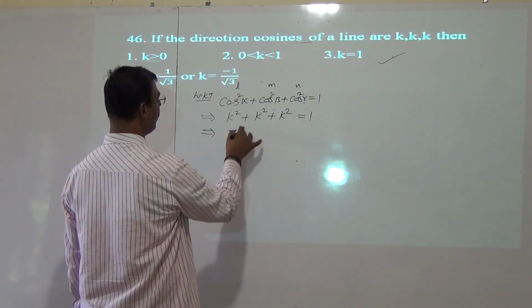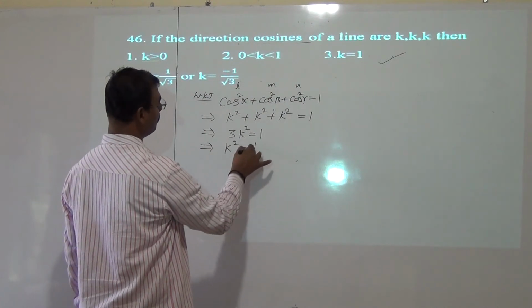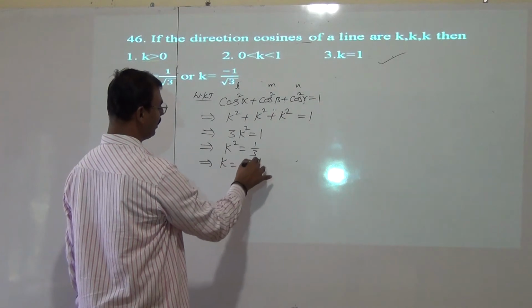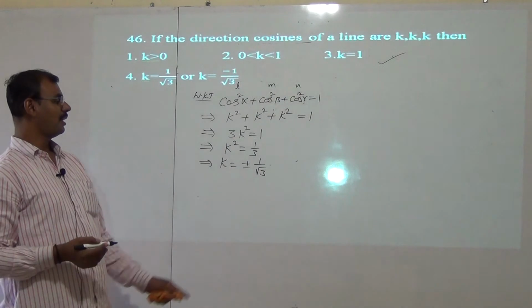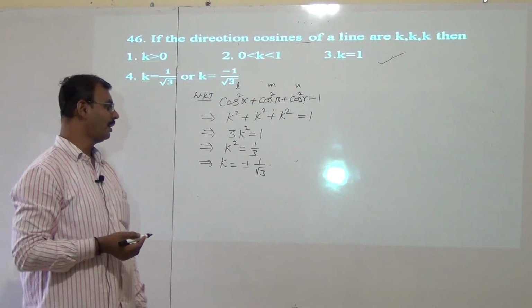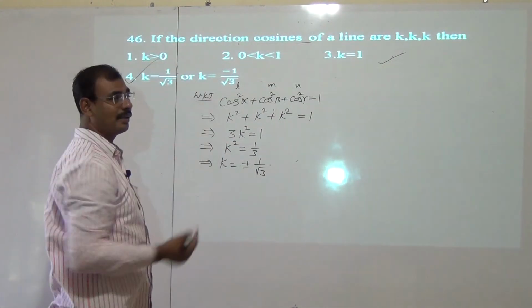So 3k square is equal to 1. K square is equal to 1 upon 3. K is equal to plus or minus 1 upon root 3. It means either k is equal to 1 by root 3 or k is equal to minus 1 by root 3. Is there an option? Yes, fourth one is the right answer.